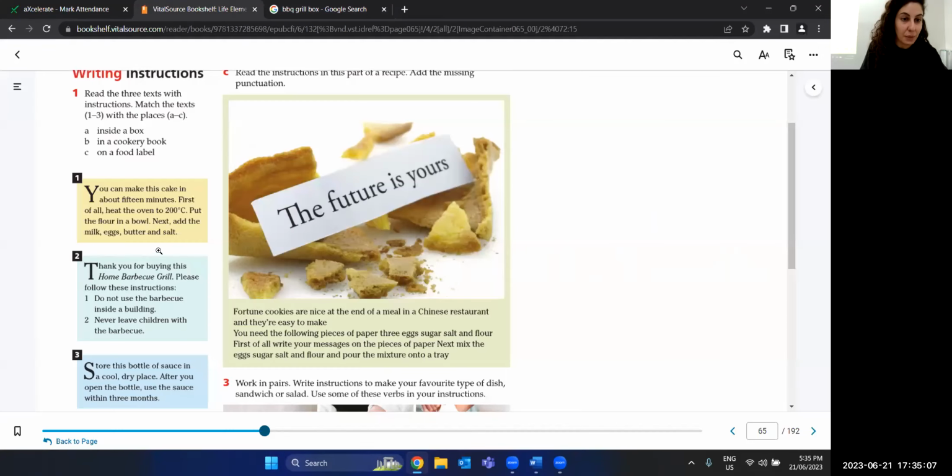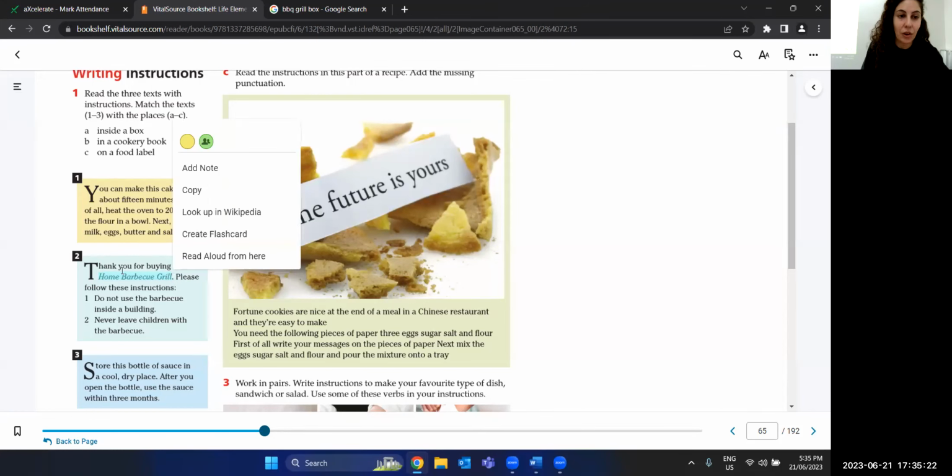And number 2 is inside a box. It's a note. It's a writing. It's saying thank you for buying this home barbecue grill. That's the name of the product, of the item, home barbecue grill. Please follow these instructions.